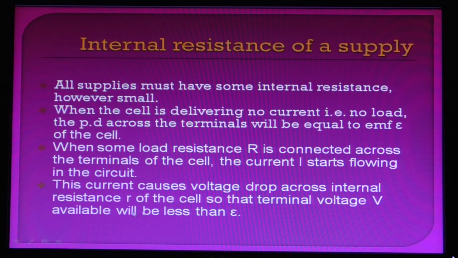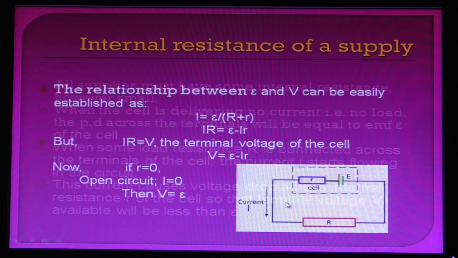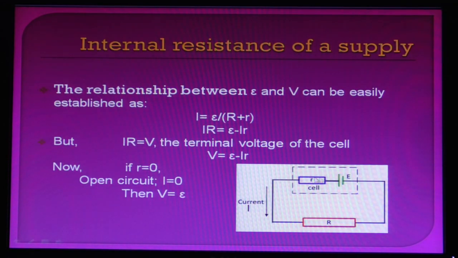Now we come to this small r, which stands for the internal resistance of the battery. For this purpose, we will split the battery in this form. While using this symbol, I told you that the bigger bar is the positive terminal of the battery and the smaller bar is the negative terminal, but we don't consider the internal resistance of the cell. But when we consider the battery, we have to consider its construction.